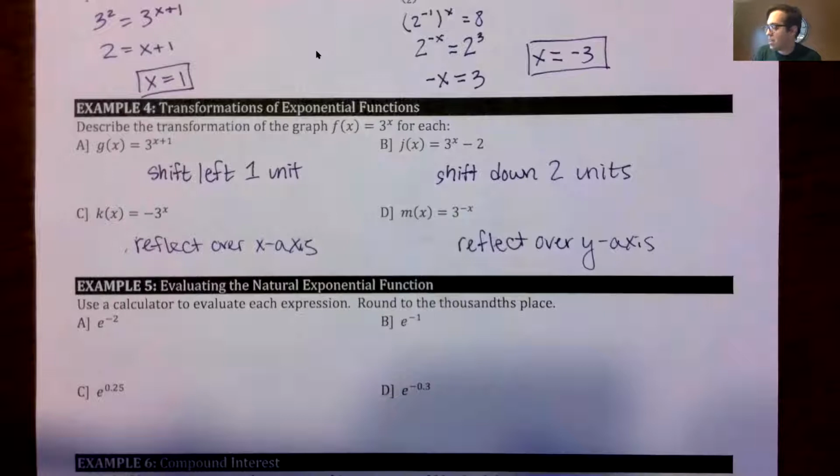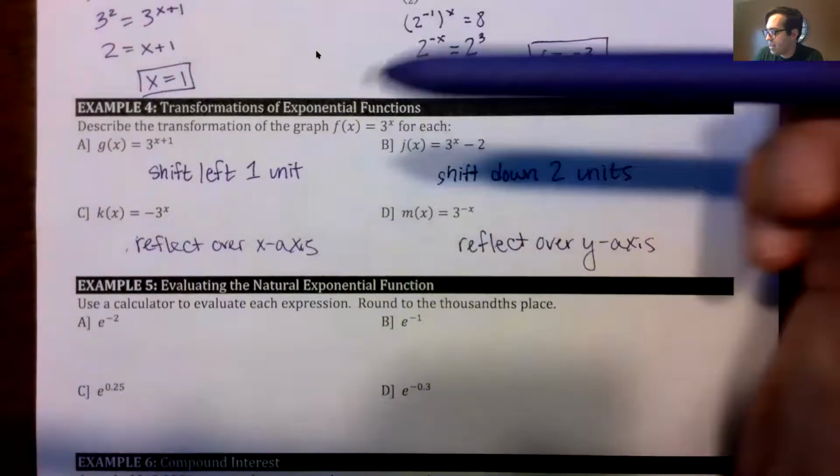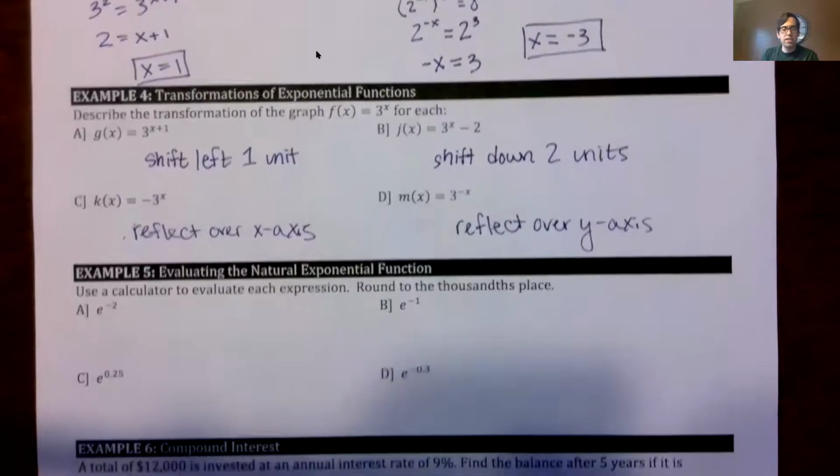Now, I'm not going to take the time to type all these into my graphing calculator and examine, but hopefully you can see based off of the things that we've learned in the past that this makes sense. And if you want to, you can take out your graphing calculator, type these in, and see how they transform 3 to the x. Okay, well, let's keep going.